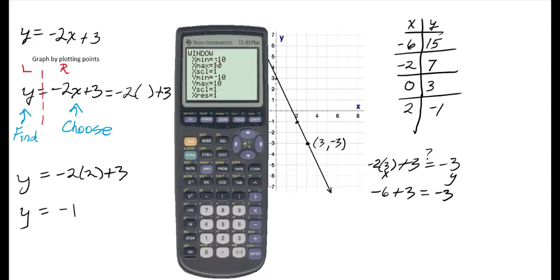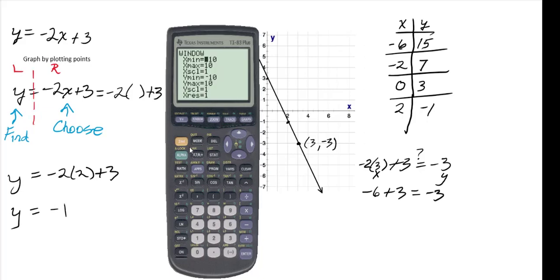So this is called a standard 10 by 10 window. And it gives me 10 tick marks along the axes. And X scale means each tick mark is 1 unit from each other.